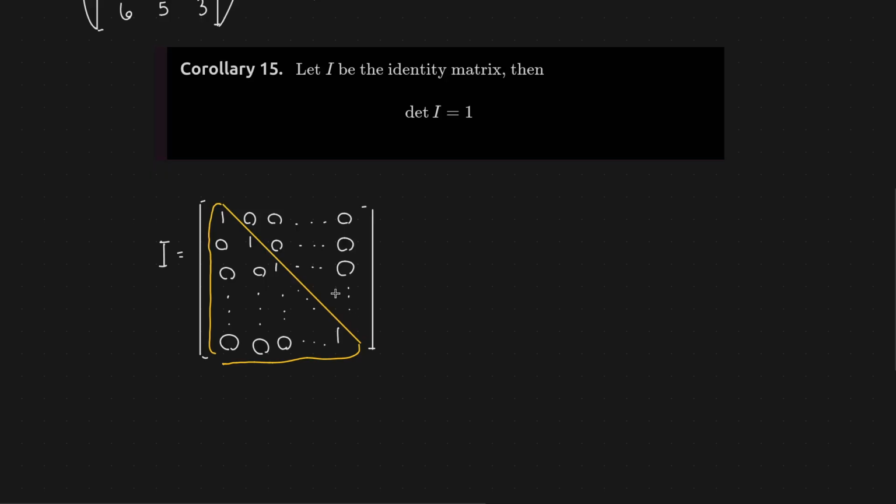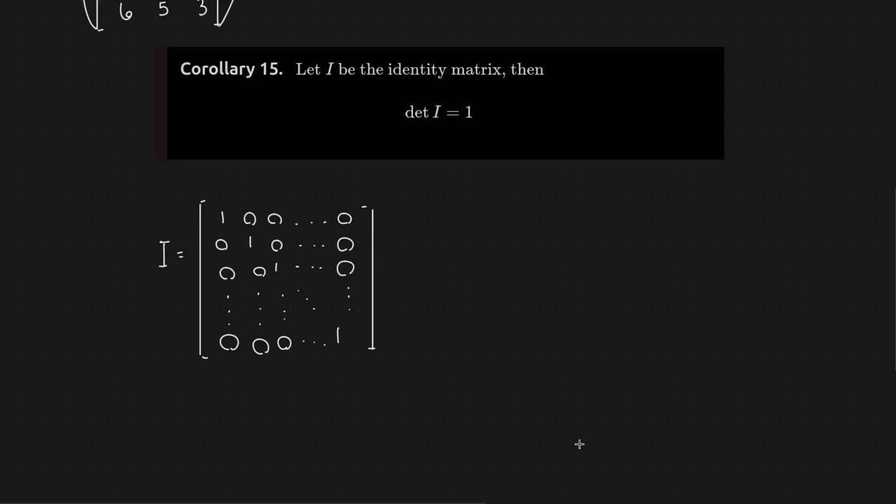But also, the identity matrix is an upper triangular matrix. Everything below this main diagonal is 0. The only non-zero elements are in the upper triangle. In fact, it is both a lower triangular and an upper triangular matrix because the only non-zero elements are along the main diagonal. We actually call this a diagonal matrix.